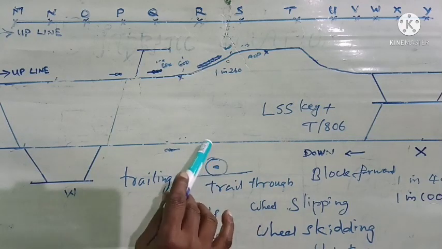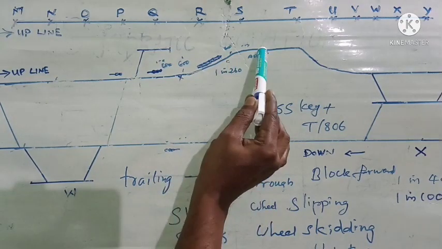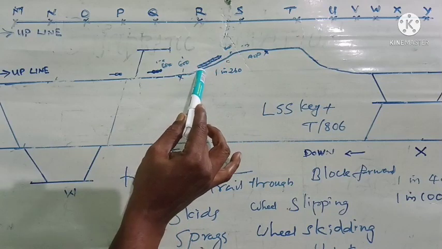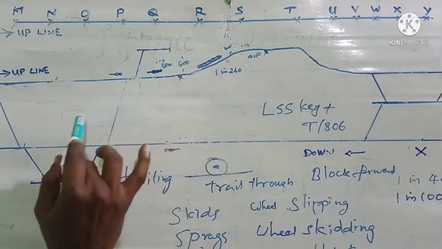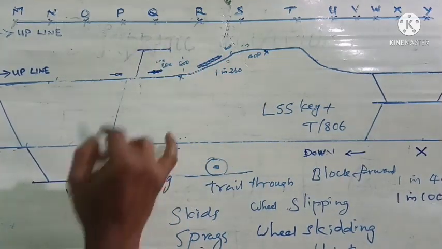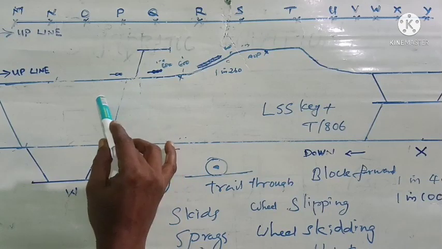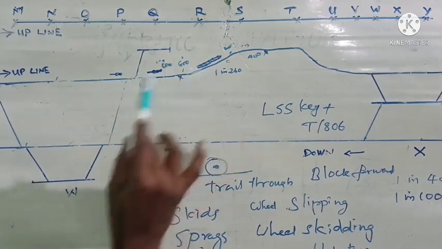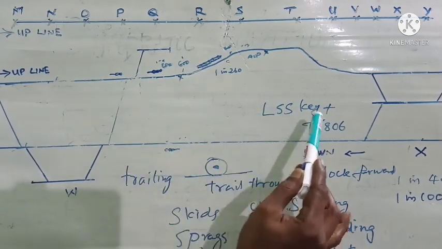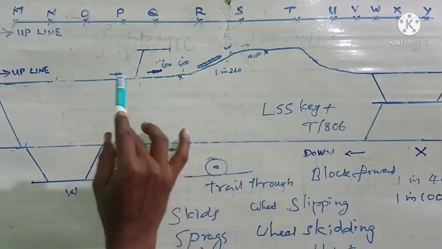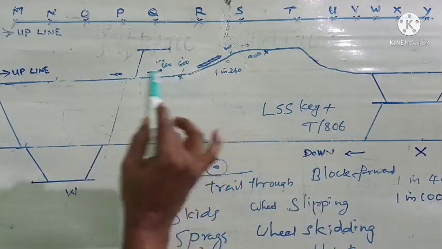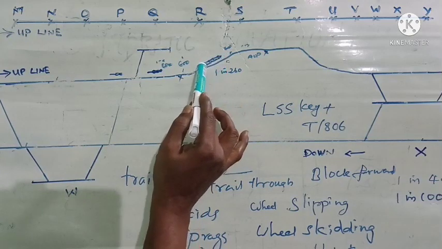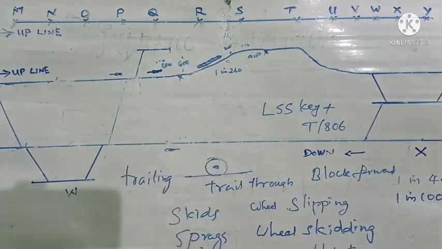So there is a danger that when we are backing our train here without the knowledge of the station master W, the station master W can send a train towards this direction with the LSS key and T bar 806. A shunting operation, a block forward movement can be given. We are backing the train, another train coming in this direction.